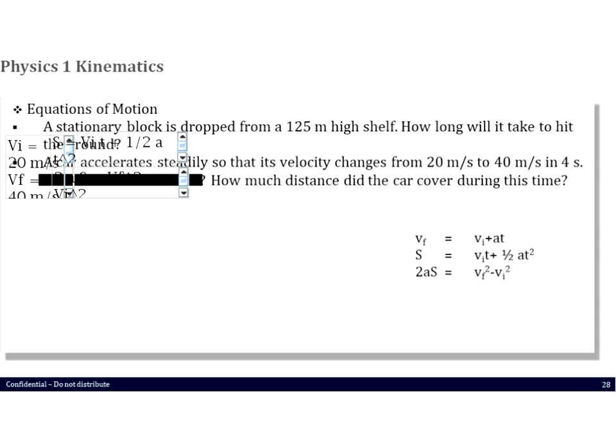VI is 20, 20 multiplied by 20 is equal to 400, so 10S is equal to 1600 minus 400, it will be 1200. Actually, this is the easier method. When you simplify that, divide both sides by 10, S is equal to 120 meters. Awesome.